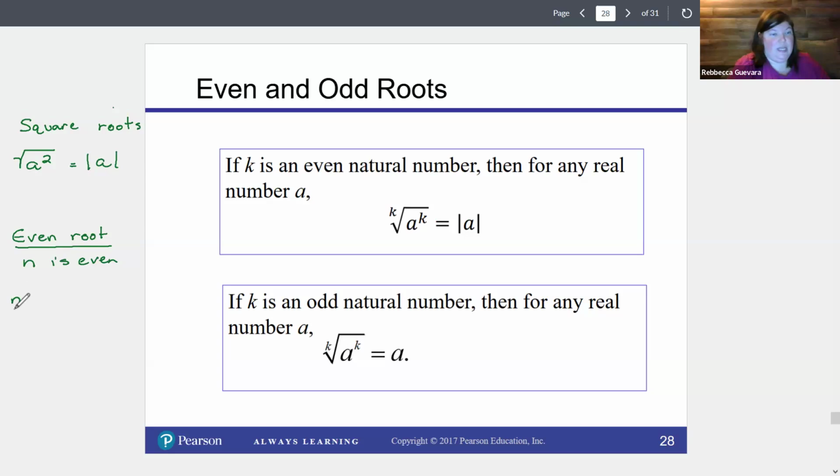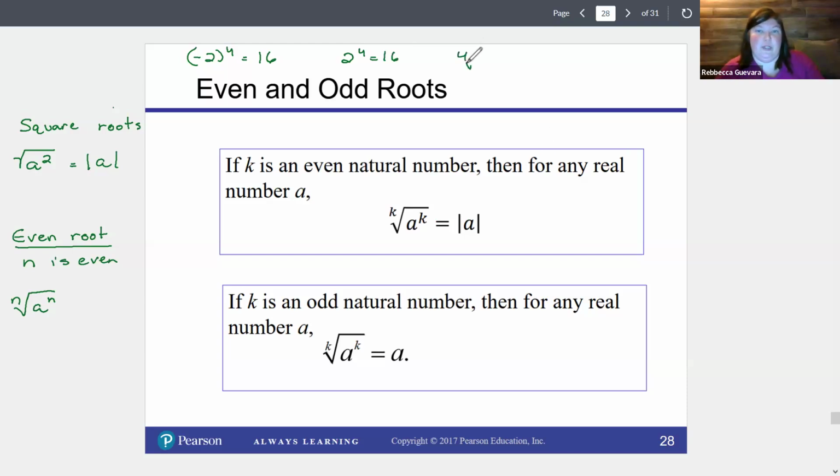So if I do a root of a to the n, the same thing happens as with square roots: we have a principal root and a negative root. Because if I had, say, -2 to the power of 4, that's going to give me positive 16 because I have an even amount of negatives and they cancel each other out. But 2 to the power 4 is also going to be 16.